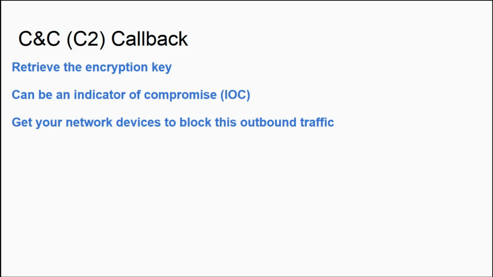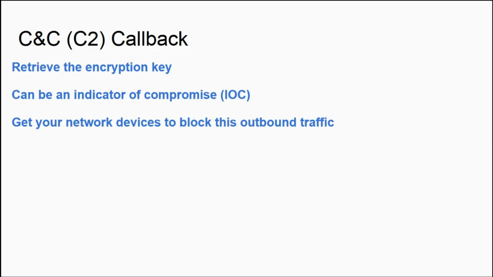A lot of new ransomware can generate its own keys and proceed with encrypting the files on the system. The purpose of this callback is so that the decryption key can be registered with this particular user, and when the ransom is paid, the decryption key is then made available to the user. This is called callback, command and control, or sometimes a C2 callback.